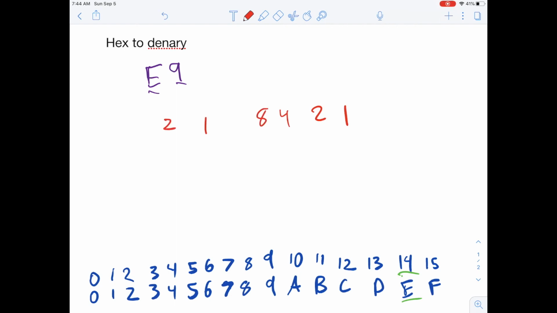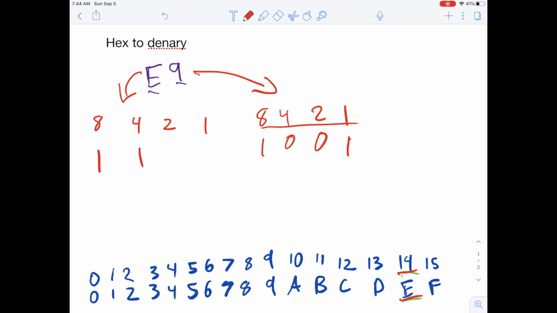And 1, 2, 4, 8. 9 is going to be equal to 8 and 1, 0, 0. And E is going to be 14. So that's going to be 8, 9, 10, 11, 12, 13, 14, and this is a 0.